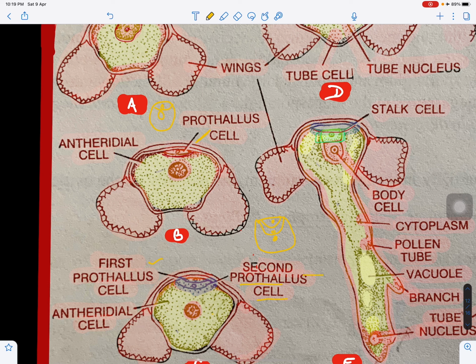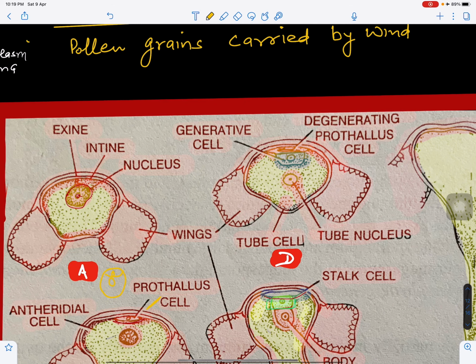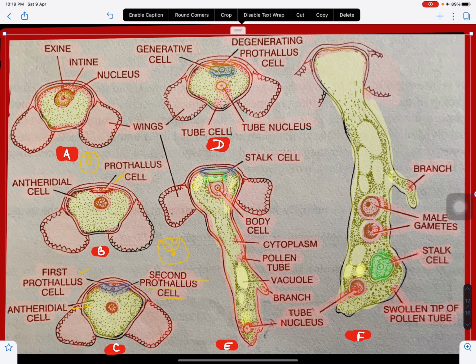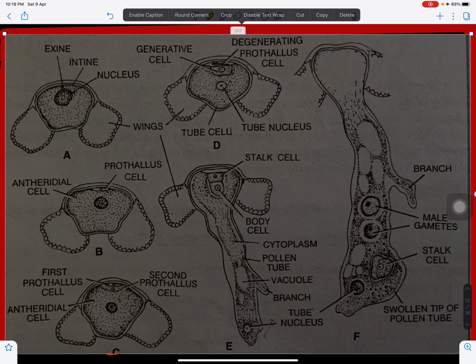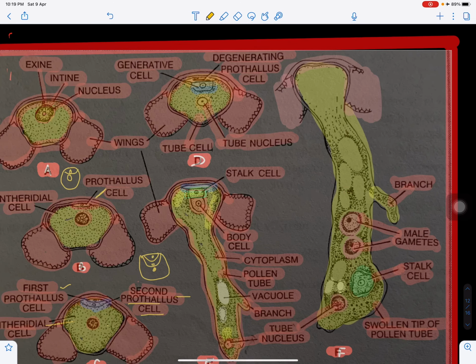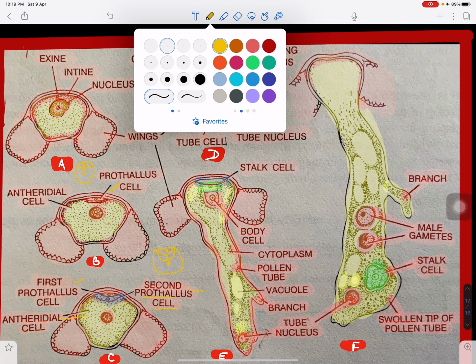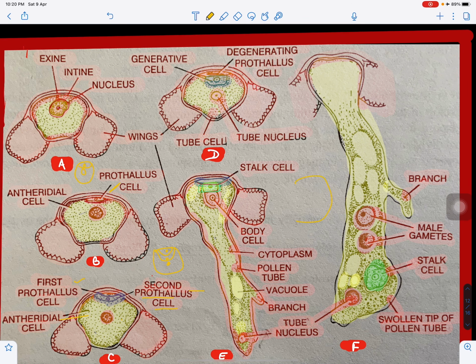Now this cell is called the antheridial cell. This antheridial cell will further divide into two cells. Here, this is the first prothallus, this is the second prothallus, and this nucleus will divide into two nuclei.